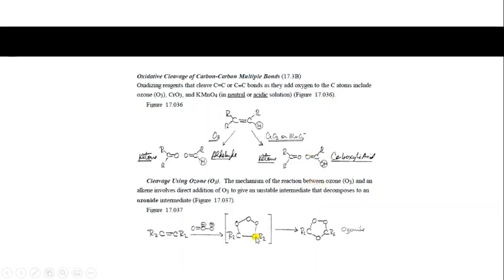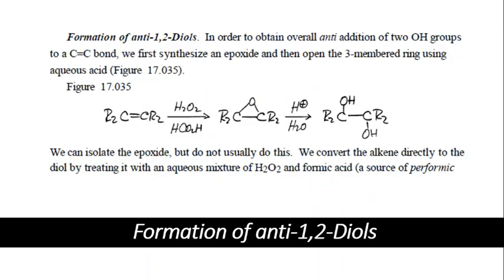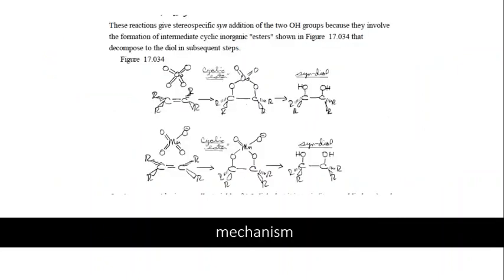Then after the workup with the acid, it results into the diol, syn diol again. So both of these reagents, whether osmium tetroxide or the potassium permanganate, have the same mechanism and same result, because both result into the syn diol.